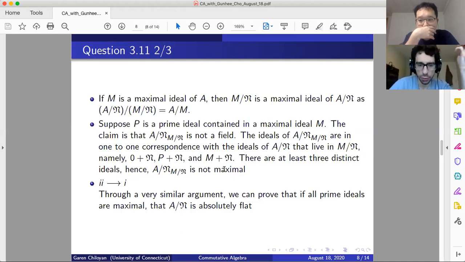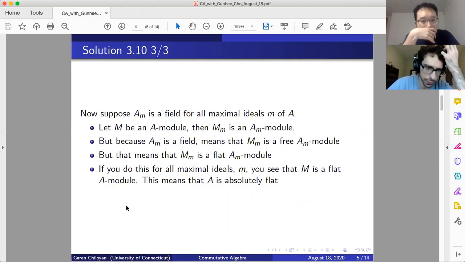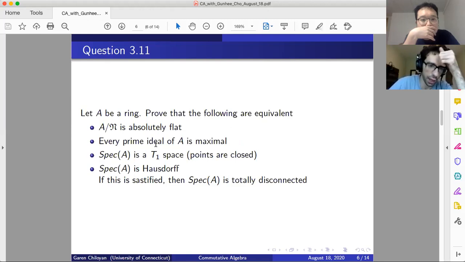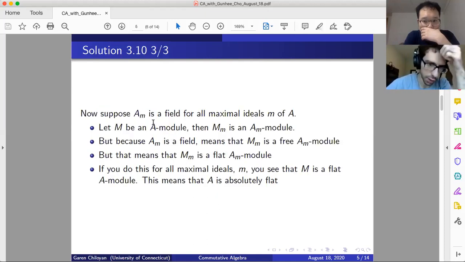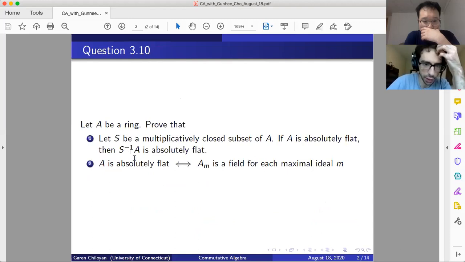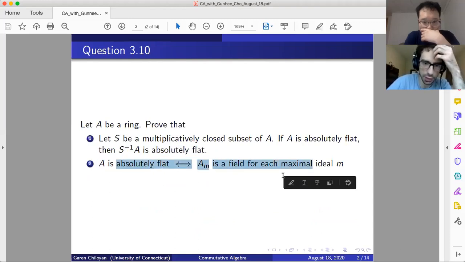So how do you prove 2 to 1? How do you prove if every prime ideal is maximal, then A mod n is absolutely flat? It's the same thing. You use this here again.